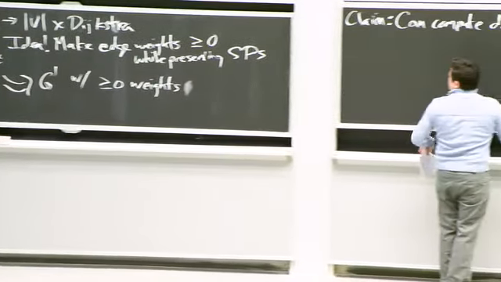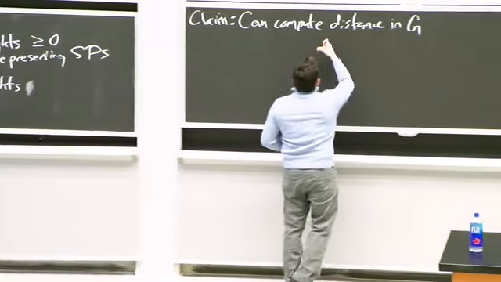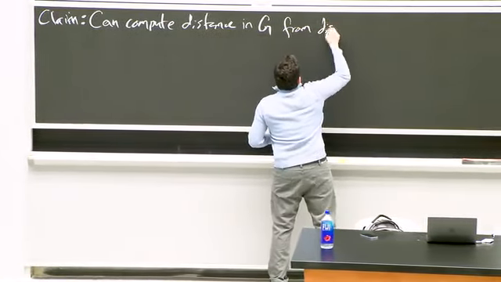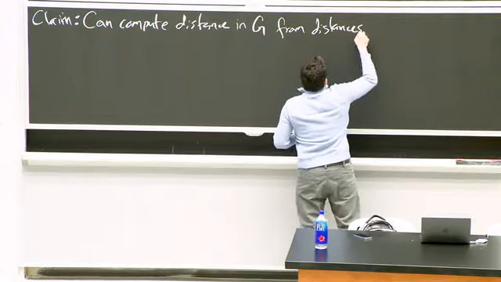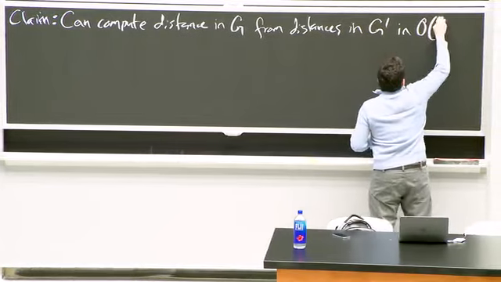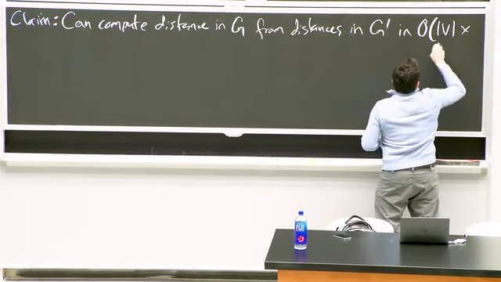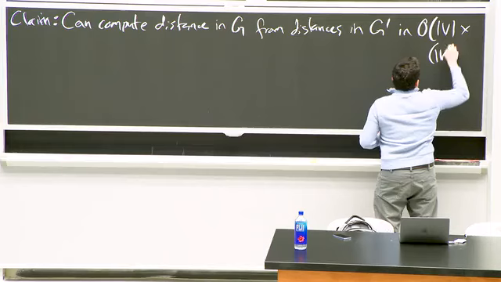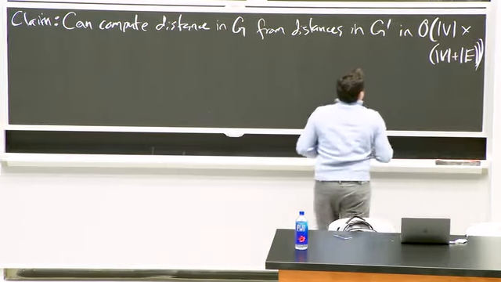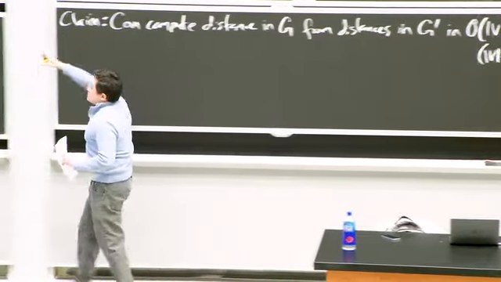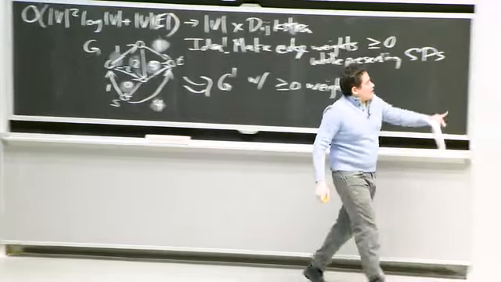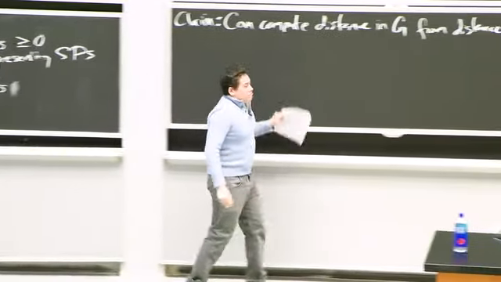If we have such a G prime with non-negative edge weights, we can compute distances in G from distances in G prime in V times V plus E. Okay, which is smaller than our Dijkstra running time, right? This is our Dijkstra running time. And this is smaller than that, so that would be fine, right?